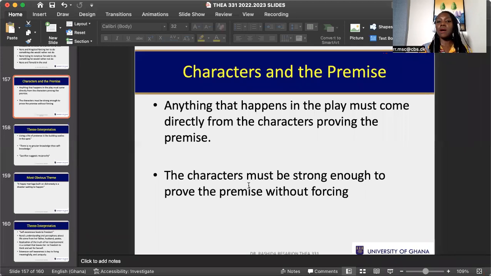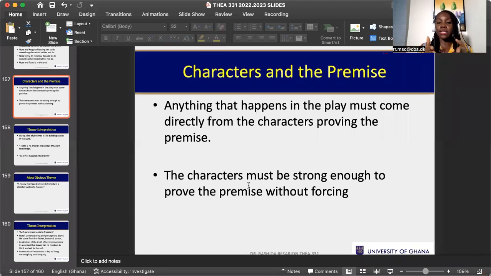All right, so when you look at the characters, their actions in the play all come together to prove the goal of the play or the idea of the play. They don't just act in an uncoordinated manner.